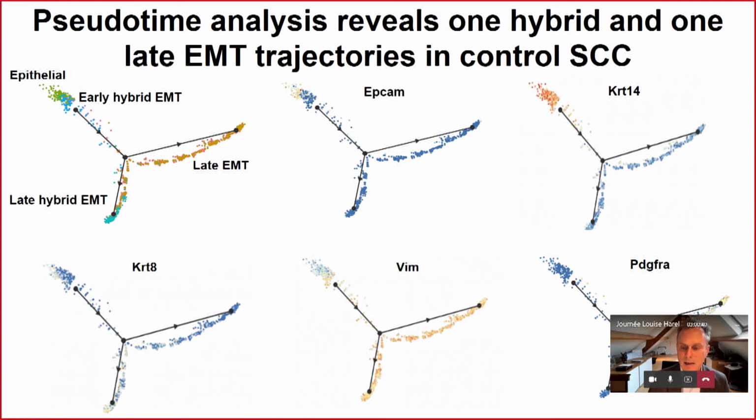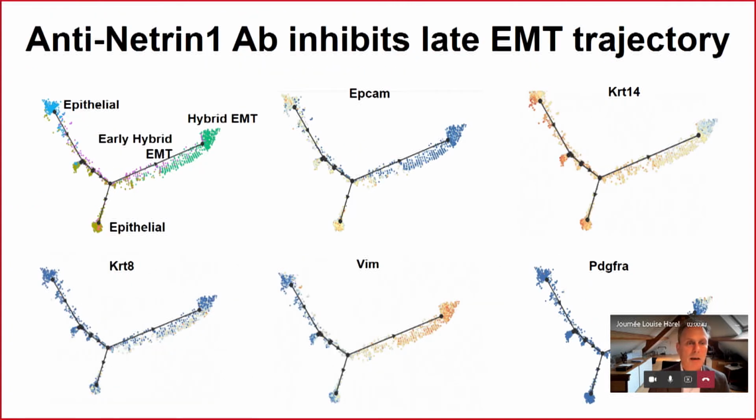In contrast, when you treat with the anti-netrin monoclonal antibodies, you also have 2 different trajectories, but not anymore toward this late EMT population. You have the appearance of another epithelial population which expresses high levels of specific markers such as vitamin D receptor or OCT transcription factor that are highly epithelial, and you are moving toward this hybrid EMT population, but almost not at all to this late EMT state.